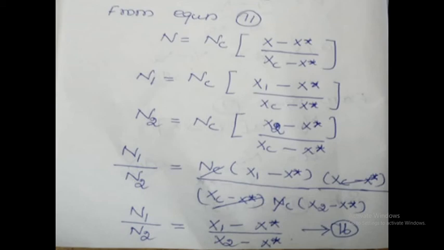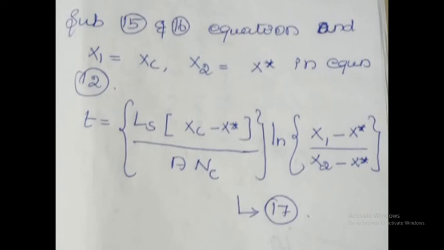This is equation number 16. Substitute equations 15 and 16, with initial and final moisture contents Xc and X star, X1 equal to Xc and X2 equal to X star in equation 12. T is equal to Ls into Xc minus X star divided by capital A into Nc ln of x1 minus X star by x2 minus X star. So this is equation number 17.